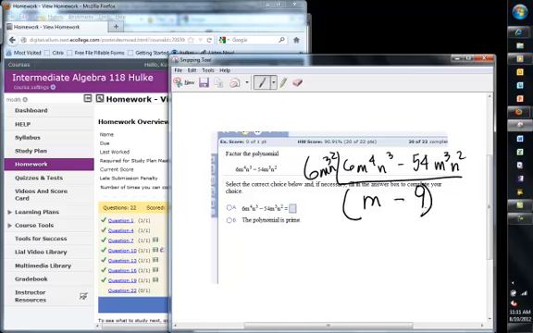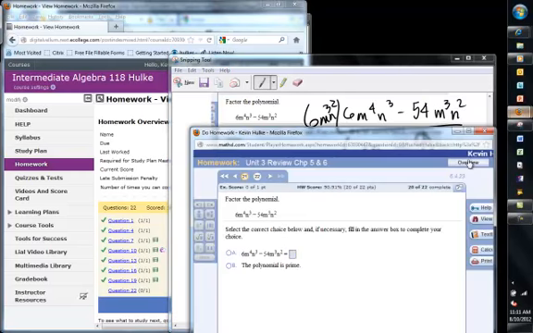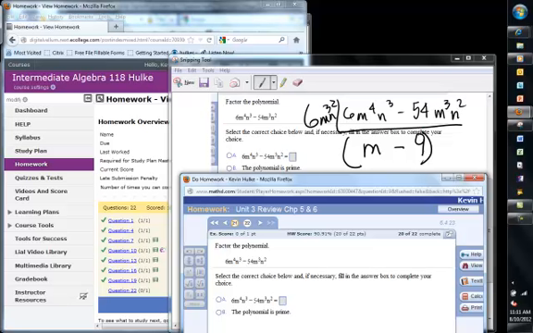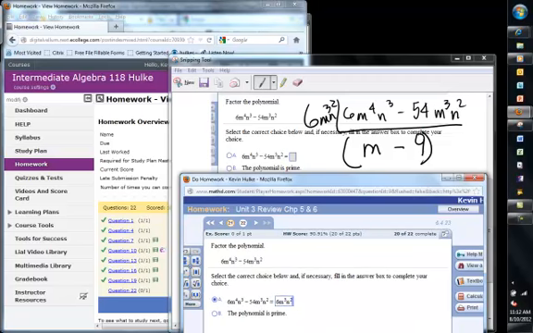Is that it? Yep. Okay. So we get 6m cubed n squared, m minus 9.